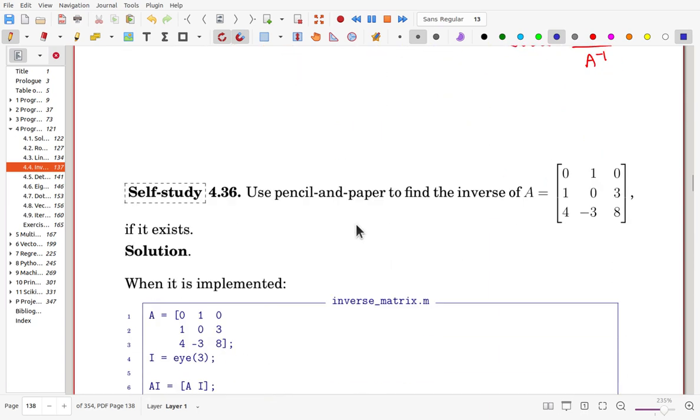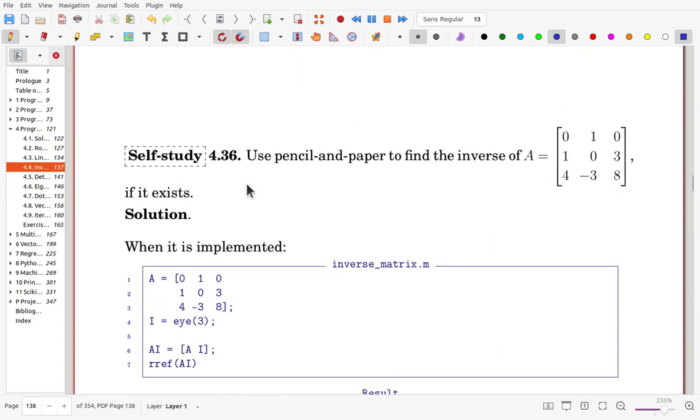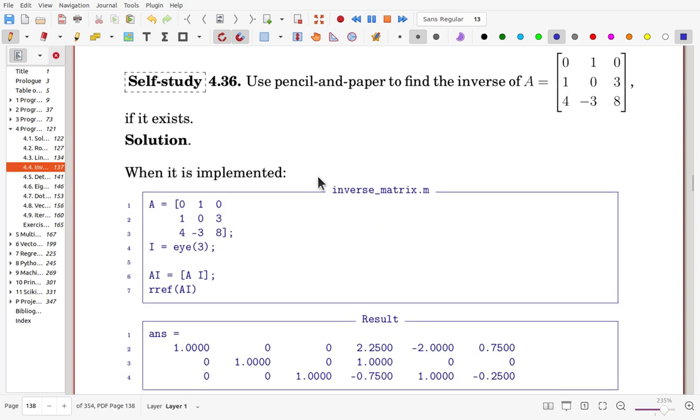Now we'll go to here, and it's for your self study. Use pencil and paper to find the inverse of A, if it exists. We can check the existence of inverse by using MathTalent.